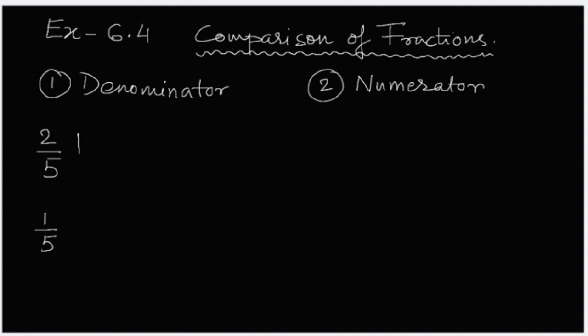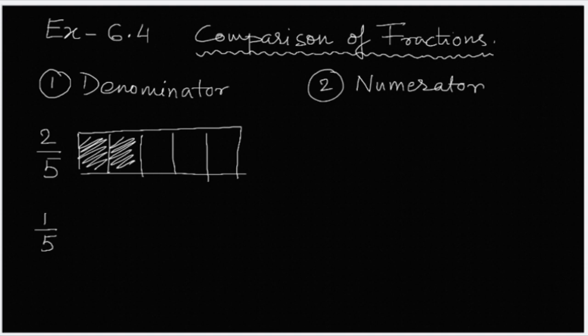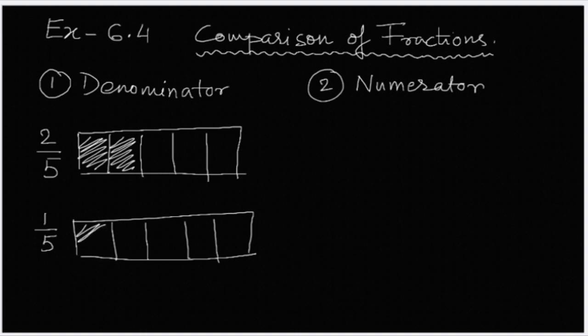This means if there is a chocolate bar and it is divided into 5 equal parts, and 2 by 5 means 2 parts of the 5 parts, and 1 by 5 implies that again if the same chocolate bar is divided into 5 equal parts and it is only one part of the 5 equal parts. So which one is more?